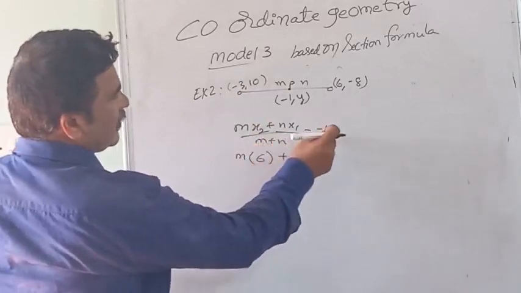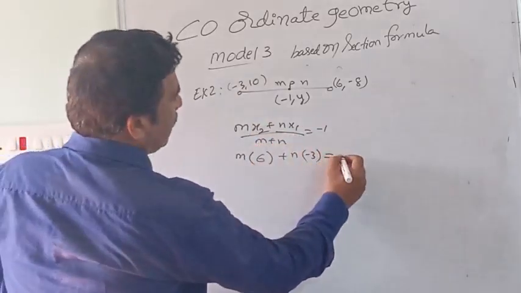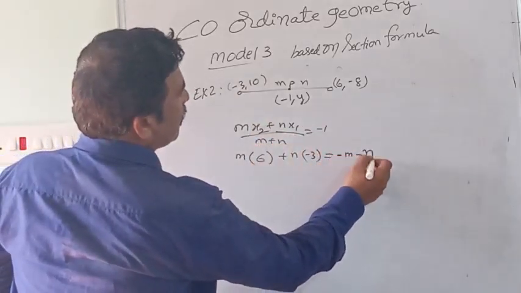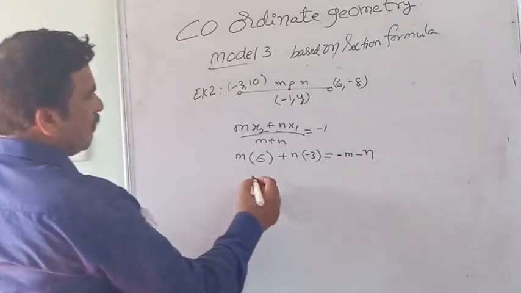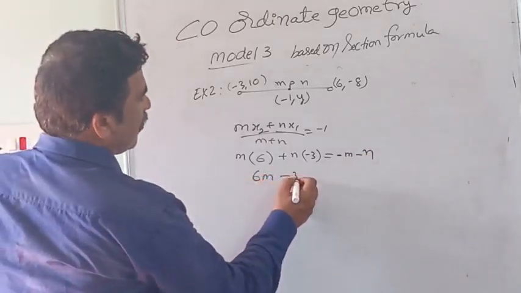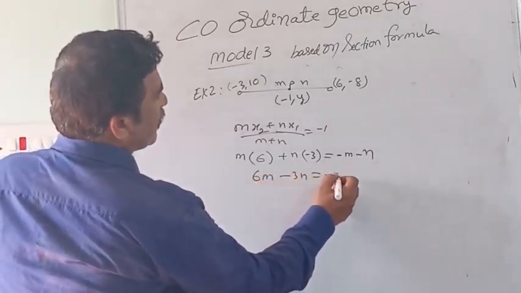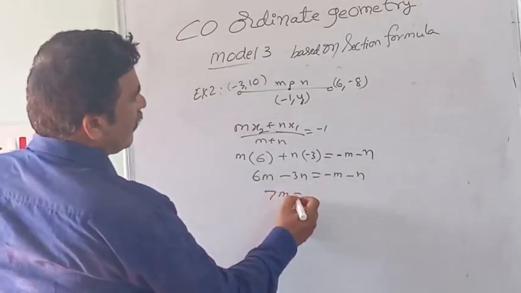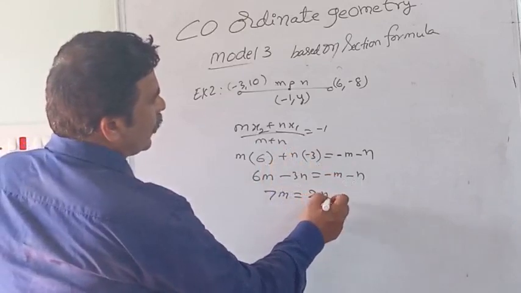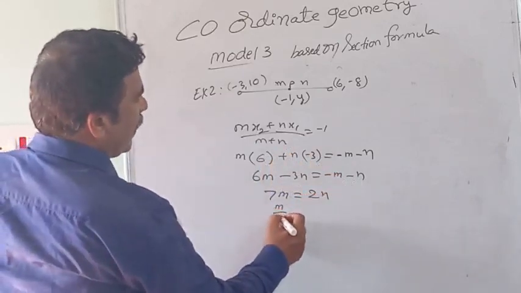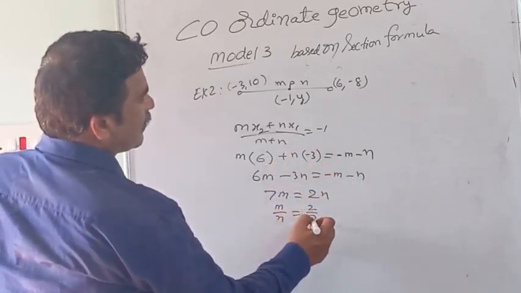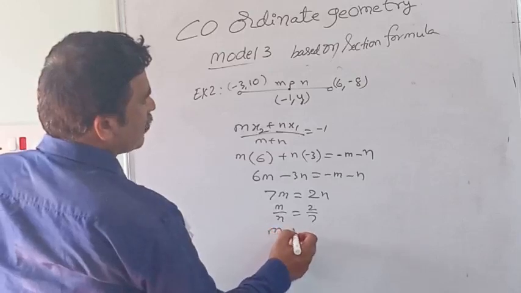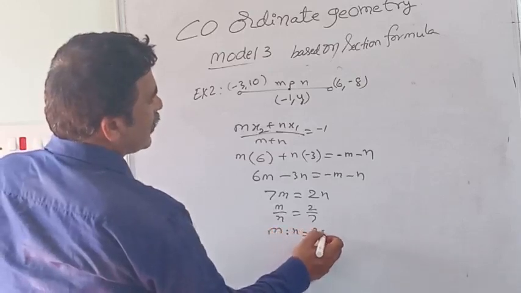Send this (m plus n) to this side, minus multiply, it becomes -m minus n. Simplify, 6m minus 3n is equal to -m minus n. All m's one side, it becomes 7m is equal to 2n. Therefore m by n is equal to 2 by 7. Therefore m is to n is equal to 2:7.